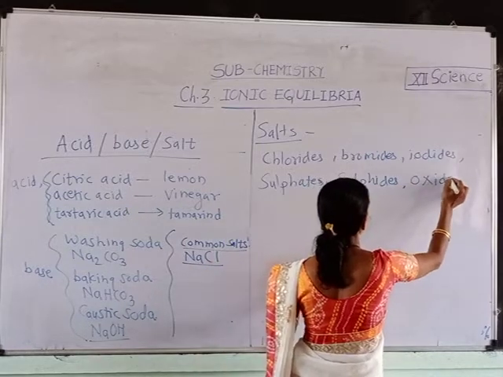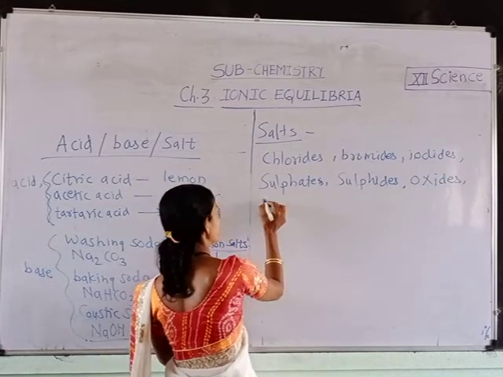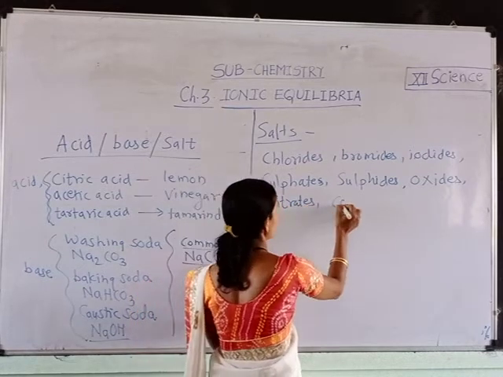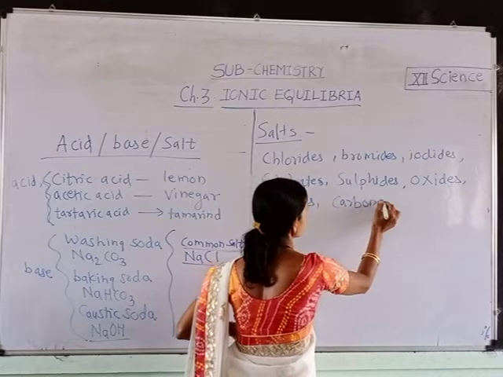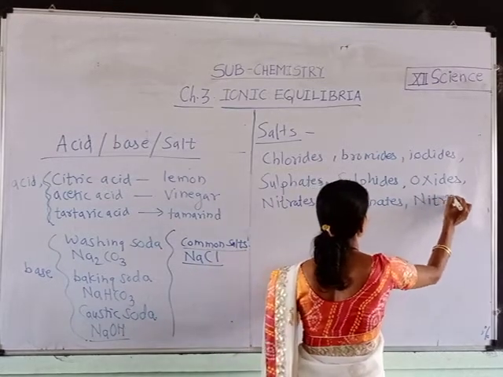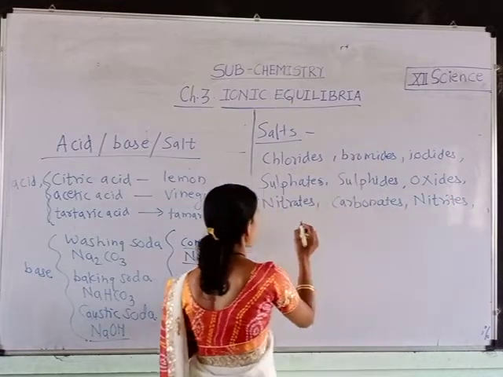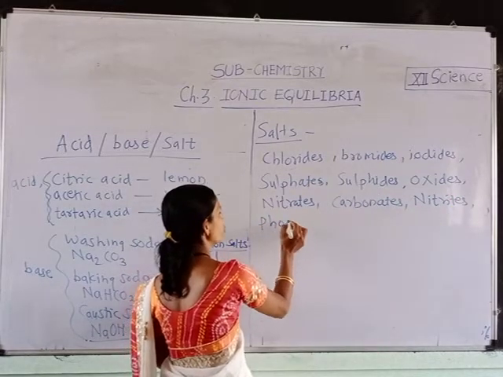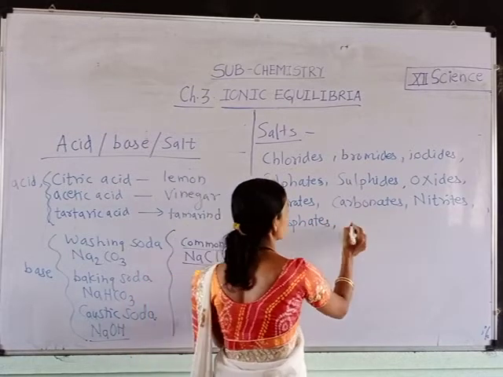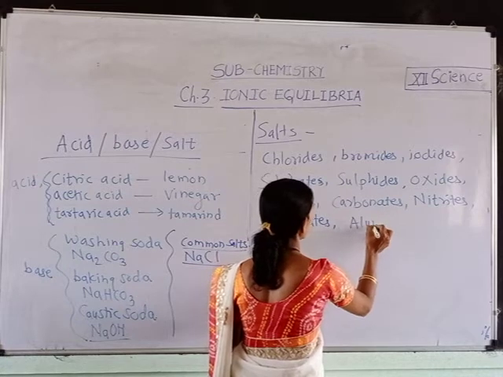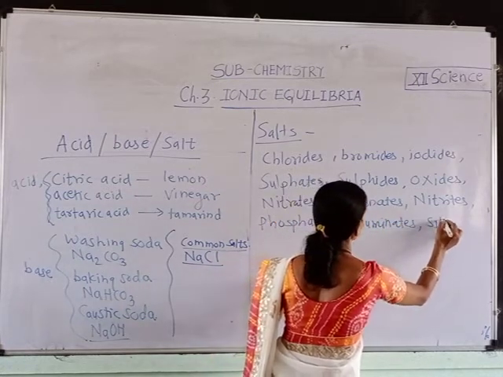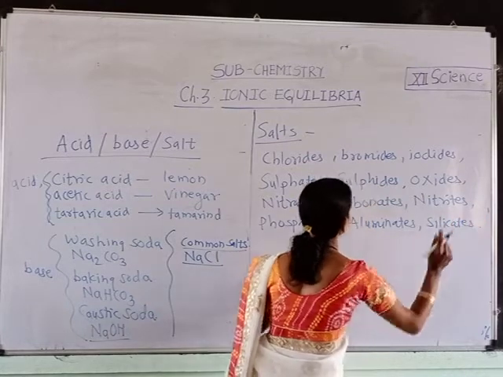Oxides, nitrates, carbonates, nitrites, phosphates such as calcium phosphate and sodium phosphate, aluminates, and silicates are there.